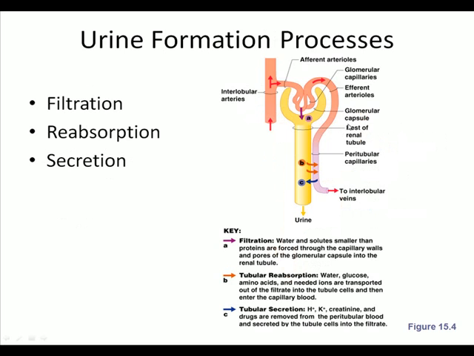So here are the three main stages of urine formation. You initially have filtration that happens at the glomerulus, where water and small solutes, small things, smaller than a protein, are forced through the capillary walls, and they're collected in the glomerular capsule.